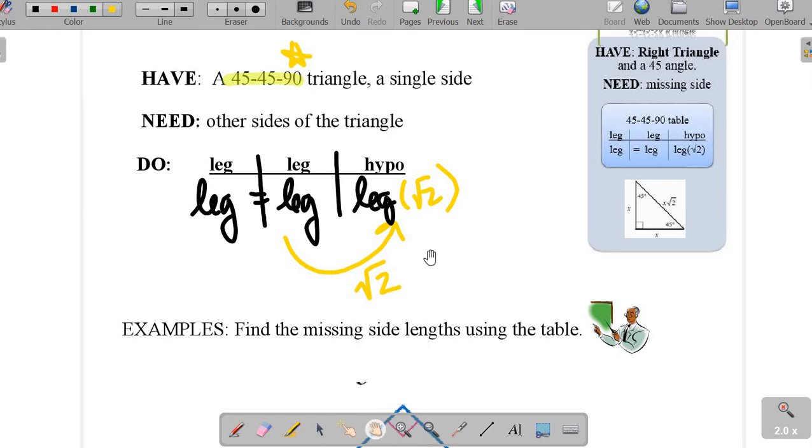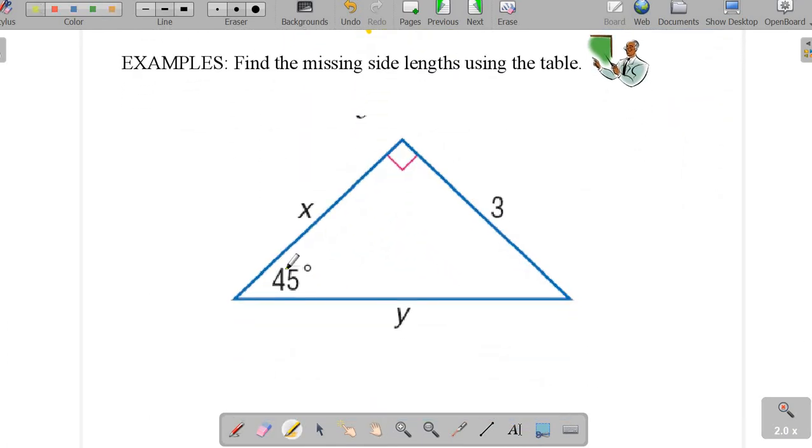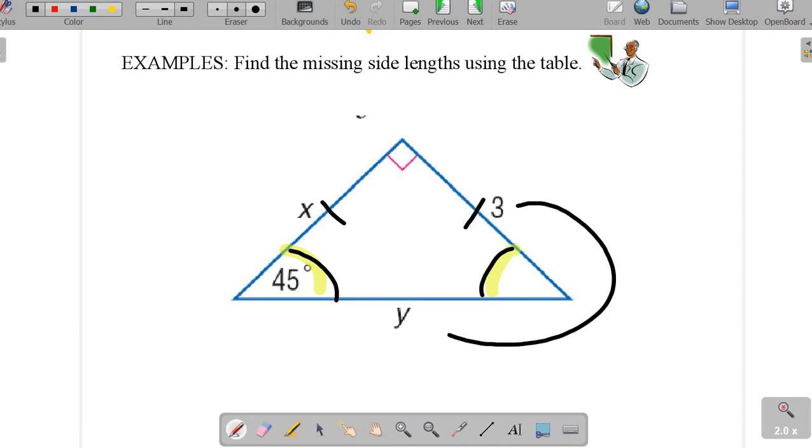Hint. Ready? Let's use this pattern. Again, this pattern only works in a 45, 45, 90. Watch very carefully. 45, 45, 90, leg, leg, leg, root 2.